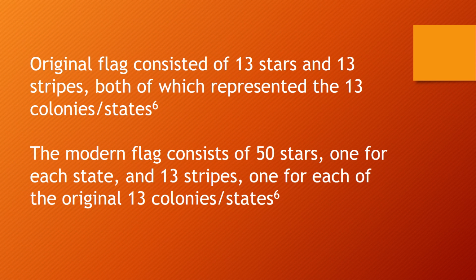Like I said, 13 stars and stripes for both the colonies and the states originally. Modern flag, 50 stars, 13 stripes, for the 50 states and 13 original colonies or states. But as I was saying, symbols are all about what we make them. It's all about the connotations we give them. If we make them something negative, usually when we see them, we're going to think negative.